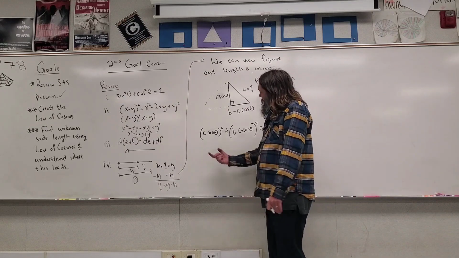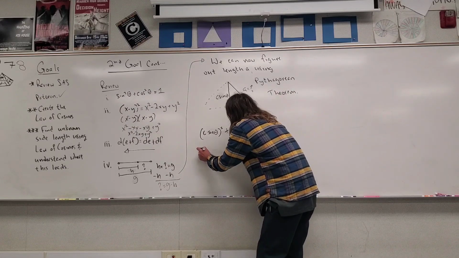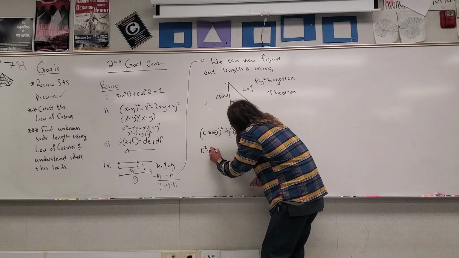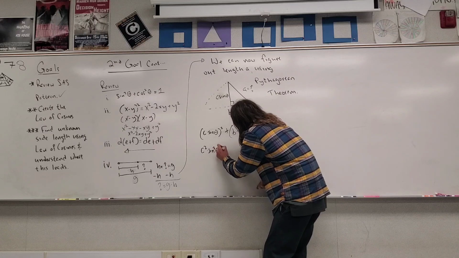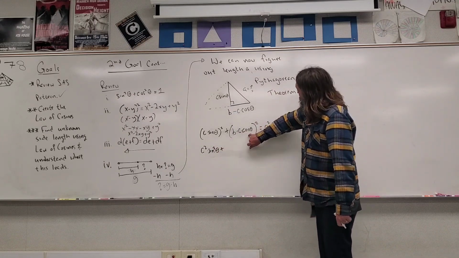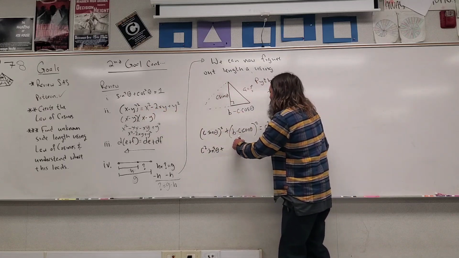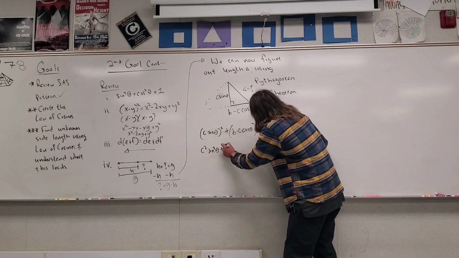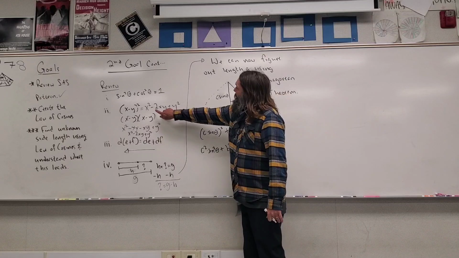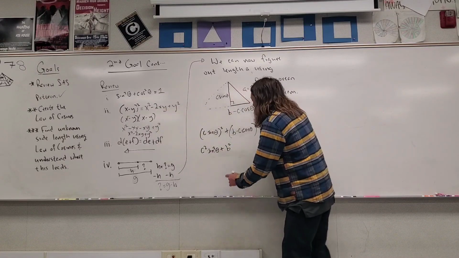So let's see here. C times sine of theta squared becomes C squared times sine squared of theta, plus, I'm squaring the difference of terms, so I'm just going to follow this pattern. It becomes plus, that's my x, so that becomes B squared. This is my y, so I get minus 2 times B times C cosine of theta.